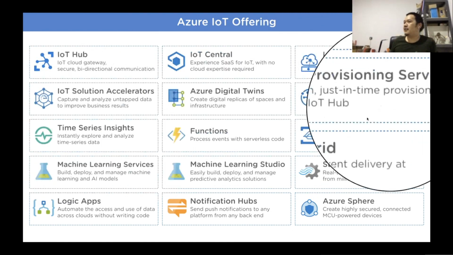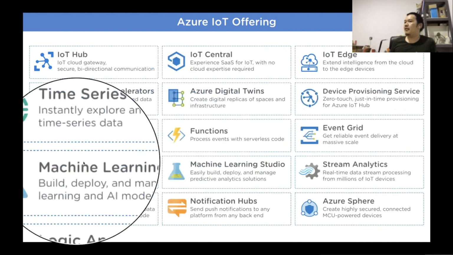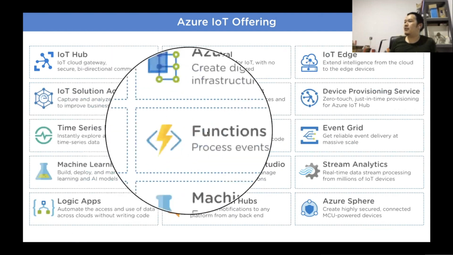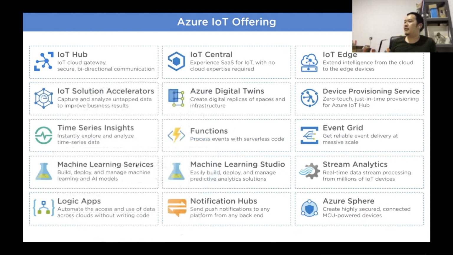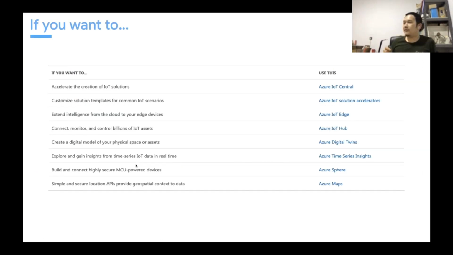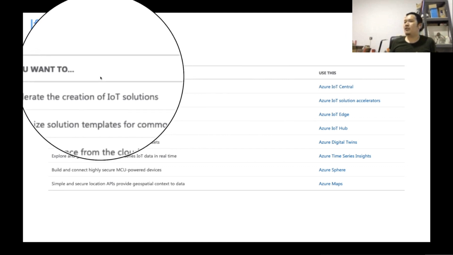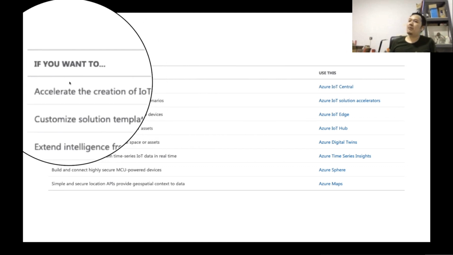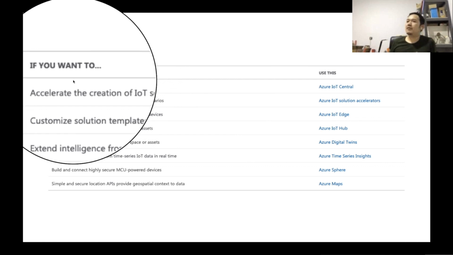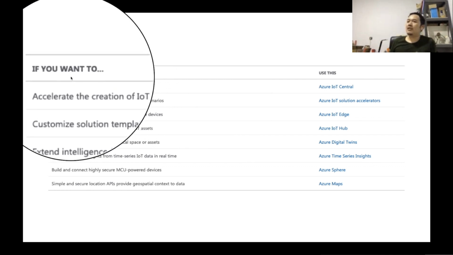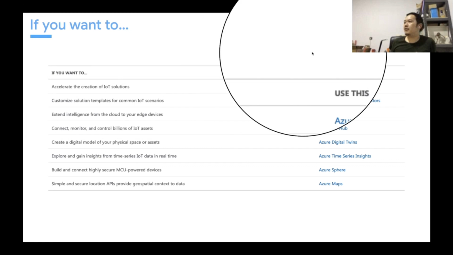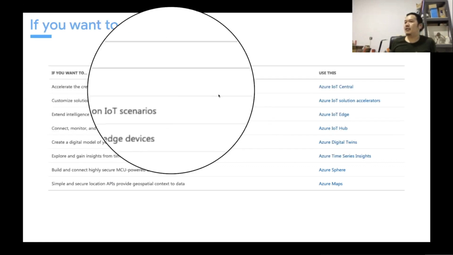So the other thing is the services that we can use to fulfill our use cases. This is just some kind of guideline. If you want to do IoT solutions, for example, for prototyping or for general purpose, to quickly get started with IoT solutions, you can use IoT Central.